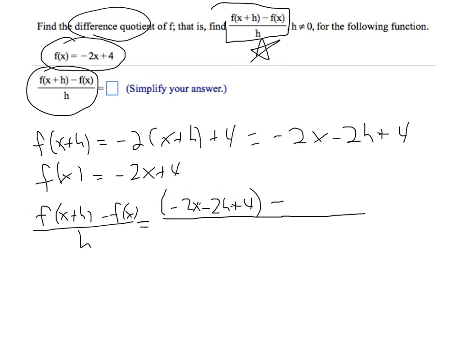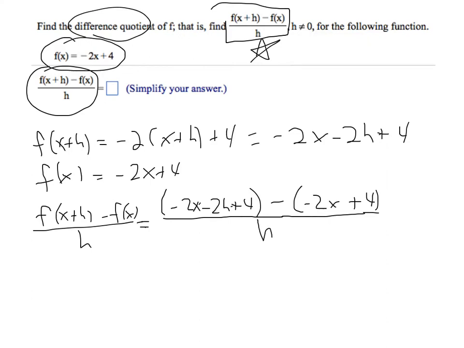Now I'm going to subtract f of x, and I'm going to put that in parentheses, again to make sure I don't mess that up. So again, f of x is just this, so subtracting f of x is subtracting this entire thing. So I subtract the entire thing. So when I'm replacing something simple with something more complicated, I'm going to put the more complicated thing in parentheses every time. F of x, that's simple. This guy's more complicated, so I'm going to use parentheses to make sure I do it right.